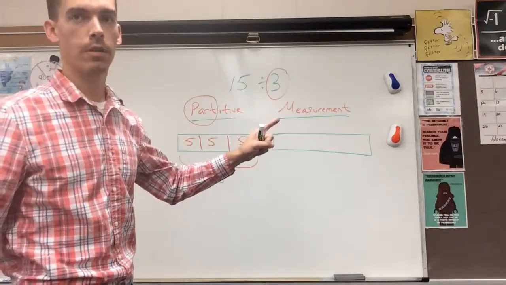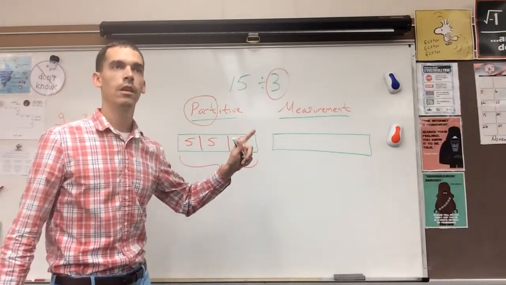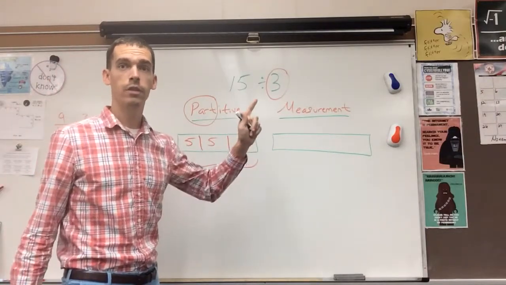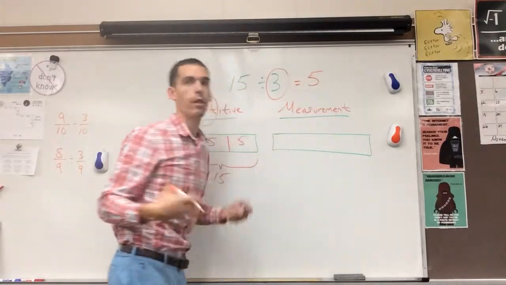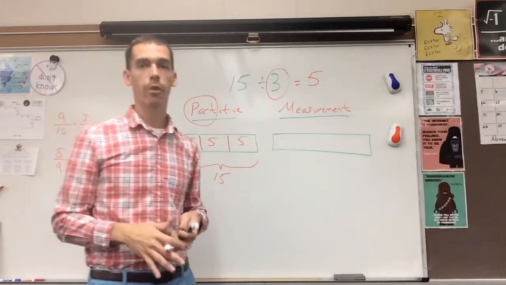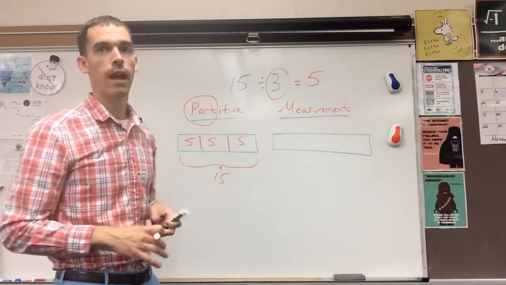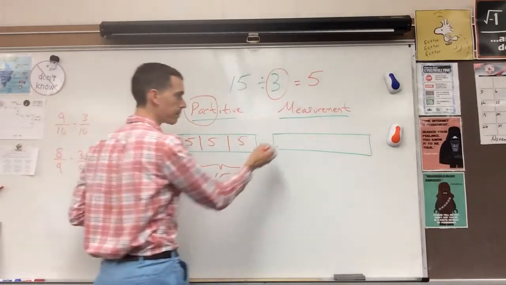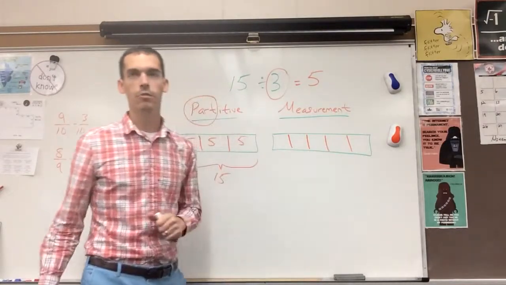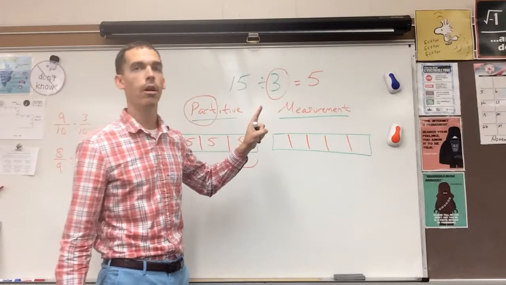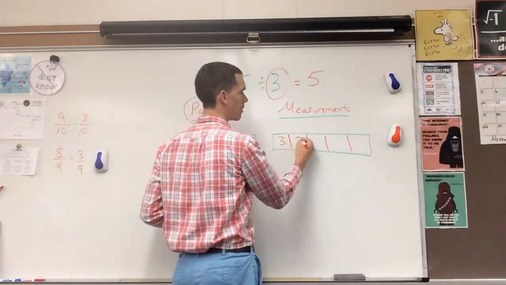Whereas for measurement, what we're going to use is the answer itself. If 15 divided by 3 is 5, we know that for a fact, we know our skills that well, that we can take this and divide it further and show that in 5 sections we know the value of each of those is the part, which is 3.